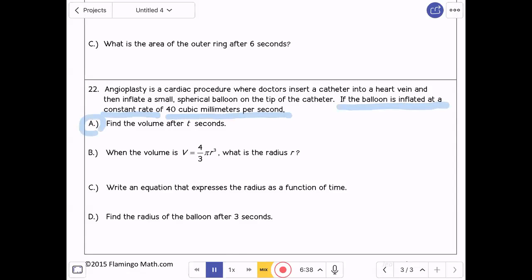Part A says, find the volume after t seconds. So your volume, V, will be 40 millimeters cubed per second times t, where t is in seconds. That will be the equation of the volume.